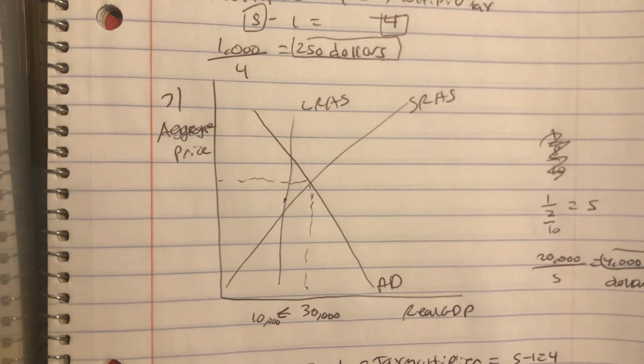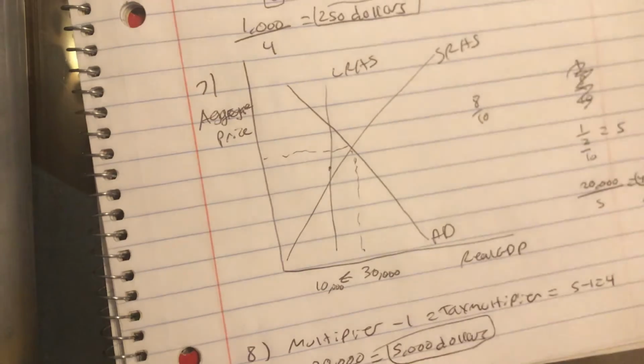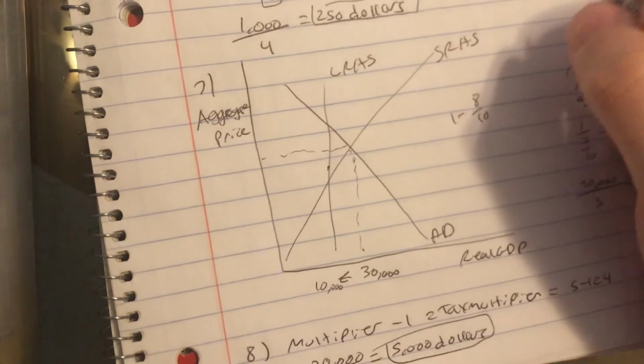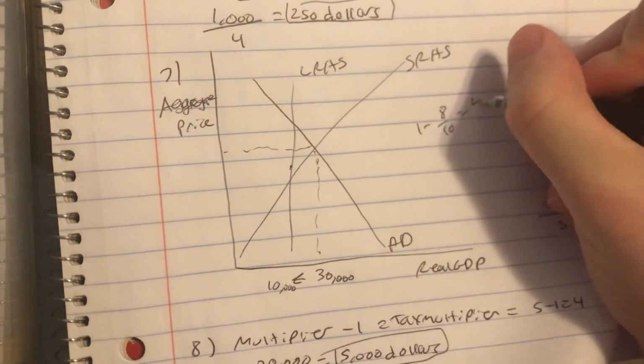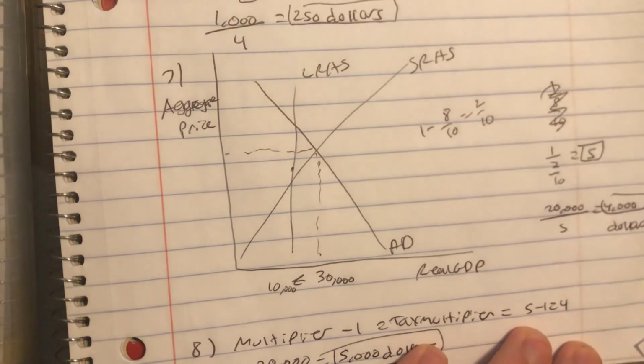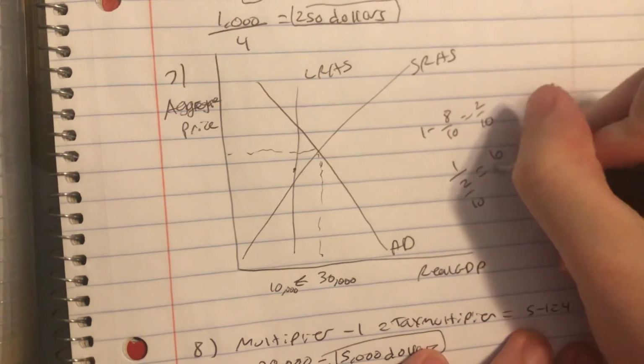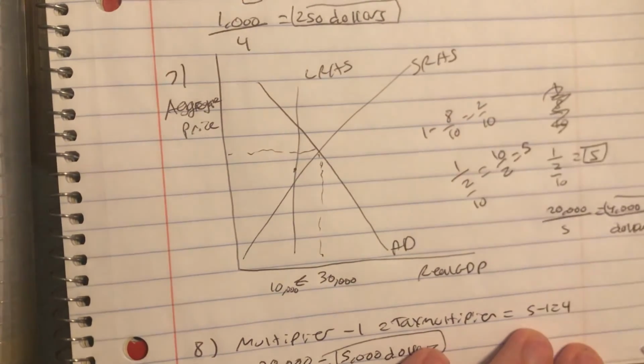Now, we know if the MPC is 8 over 10 or 0.8, we subtract that from 1 to get the MPS, and that will be 2 over 10. So we know that the multiplier is going to be 5, because 1 over 2 over 10 will equal 10 over 2, which equals 5.